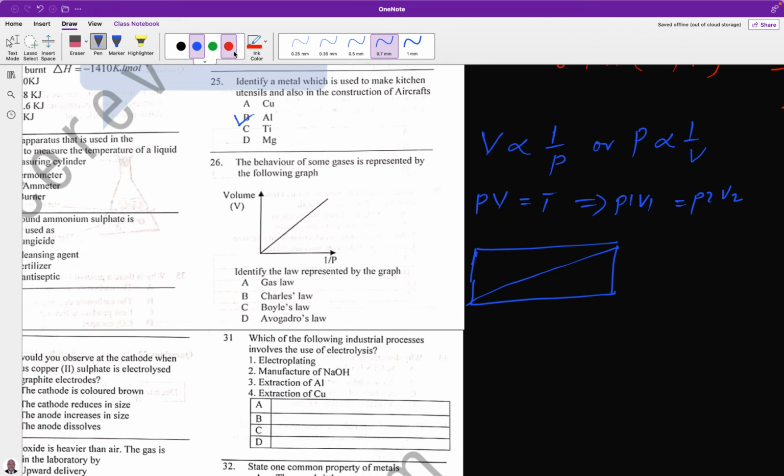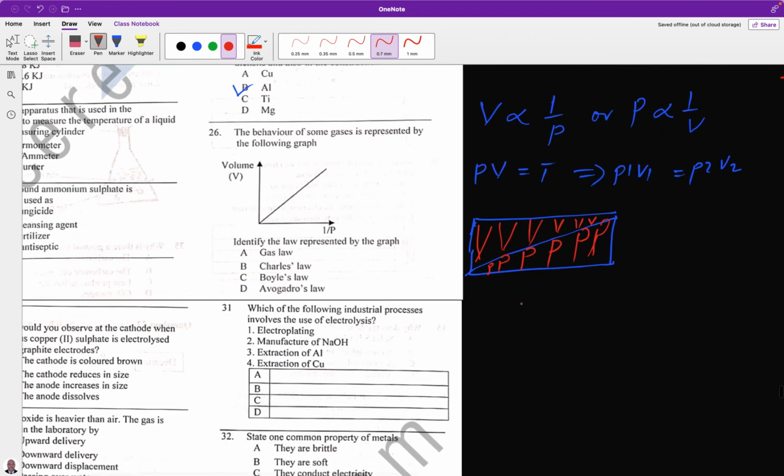You will see here that as the volume is decreasing, the pressure is increasing. Volume is inversely proportional to the pressure. That is Robert Boyle's law.